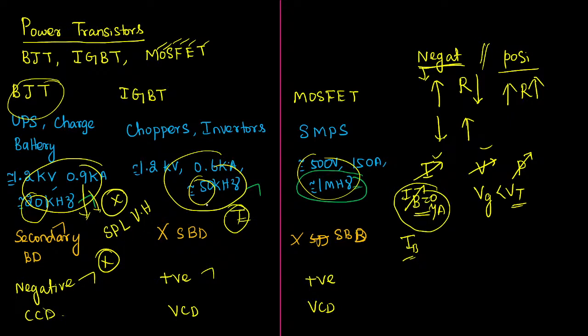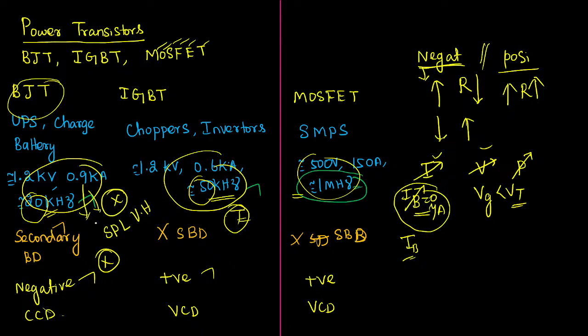When you focus on IGBT, what will happen there? Can anybody guess? It is almost crossing 50 kilohertz. MOSFET is in megahertz, I know, but both frequencies are far higher than the BJT frequency. So in IGBT and MOSFET, the switching loss is less. Why is it less?